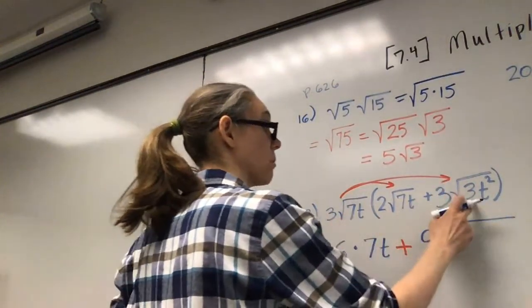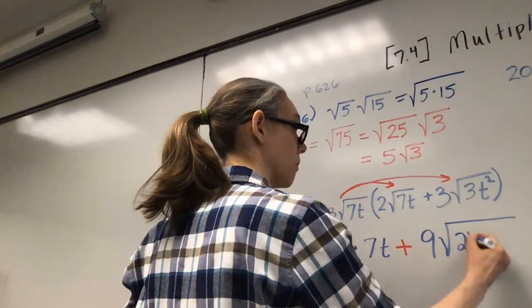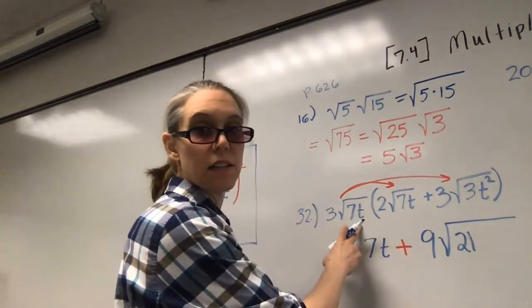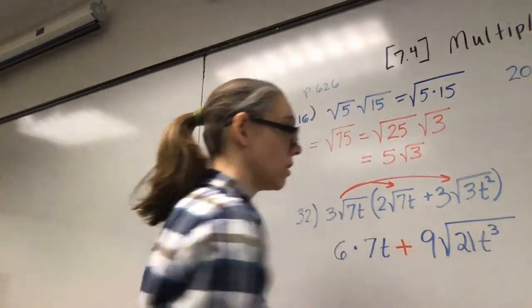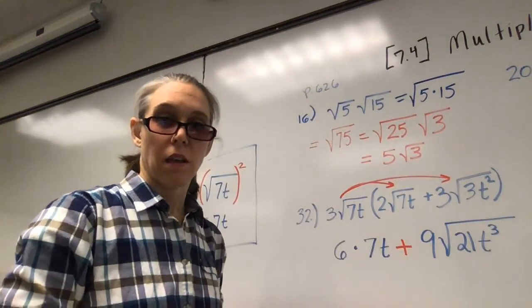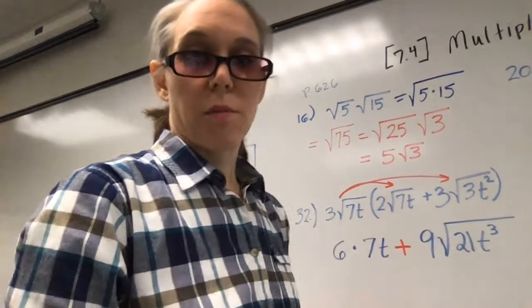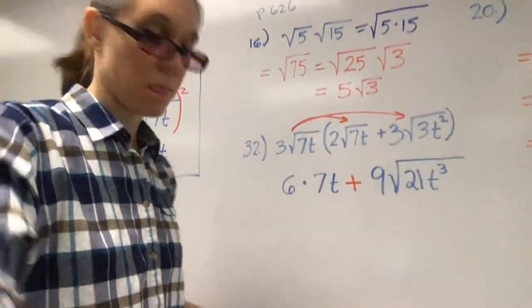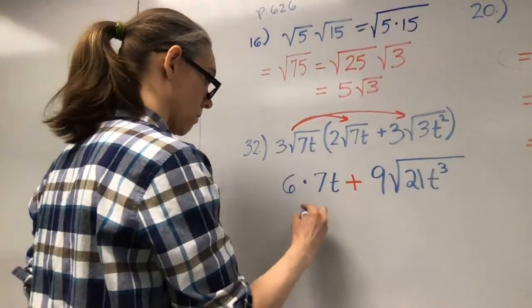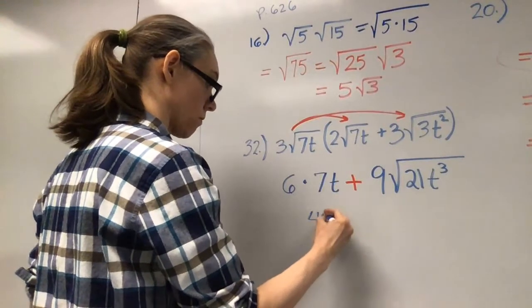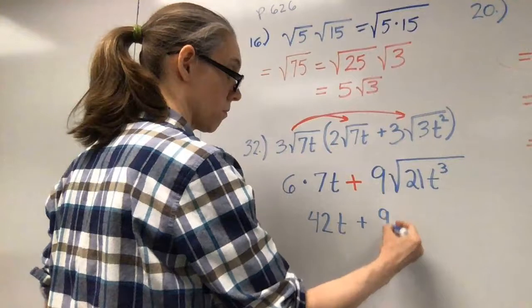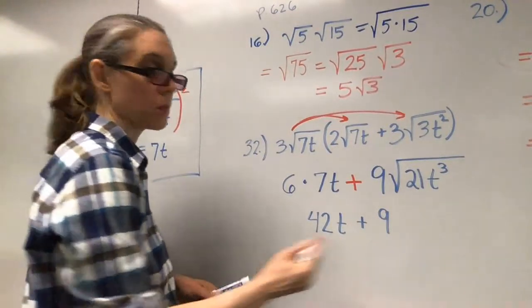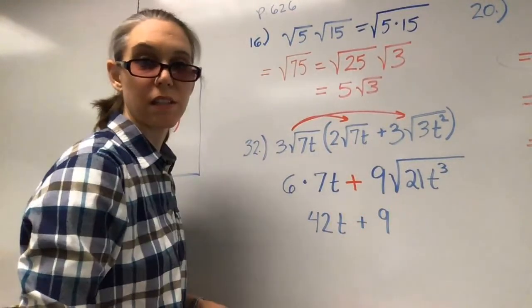7 times 3 is 21. T times t squared is t cubed. And then I need to split that up further. So I want to split square root of 21t cubed up.